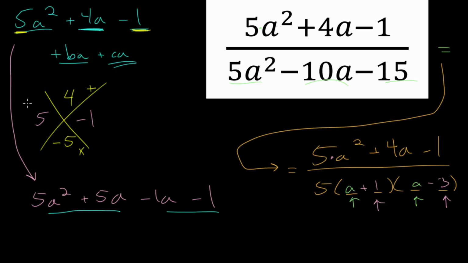Now, if this method is confusing, why do they have to multiply to -5 and add to 4? I have completed several videos on this, but I will give you one word of caution. It might be intuitive why they have to add to 4. The coefficients have to recombine to what you started with, or else you change the equation. But this part about multiplying to -5 is not very obvious.